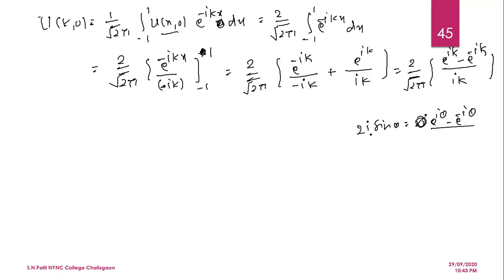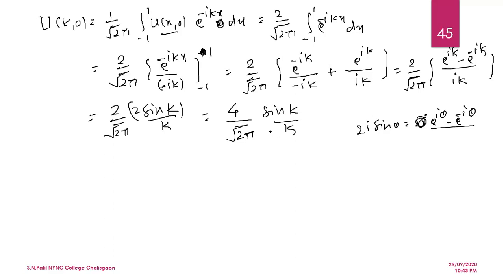So we adjust the result here: i gets cancelled. Then we get 2 upon under root 2 pi, and e raised to ik minus e raised to minus ik is 2i sine k, the i gets cancelled, giving sine of k upon k, and this 2 is as it is. So we get 2 into 2, 4 upon under root 2 pi, sine of k divided by k. This is the value of U of k comma 0, equation number 5.